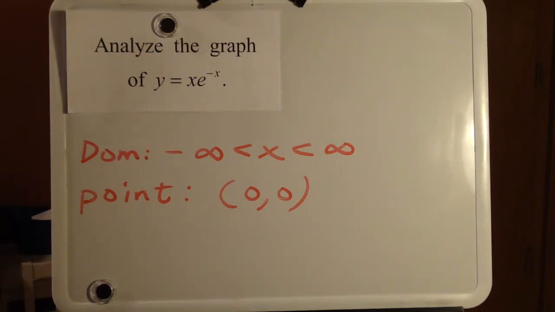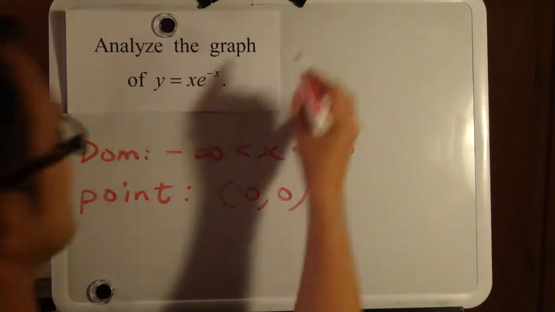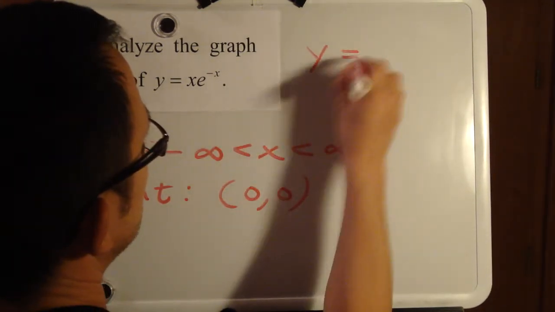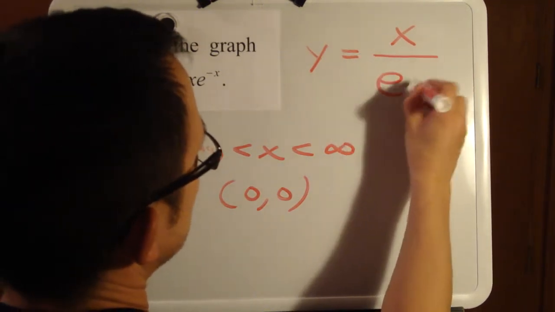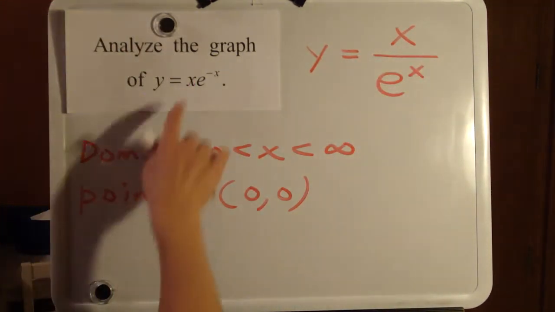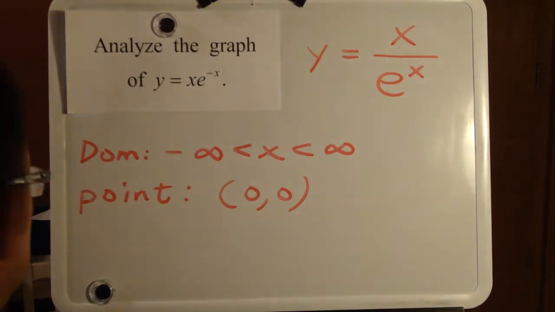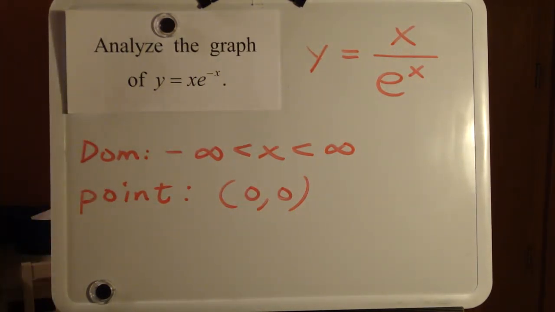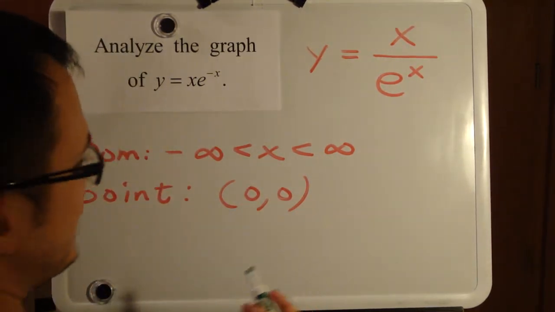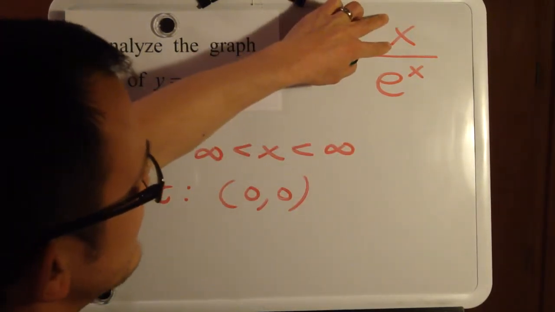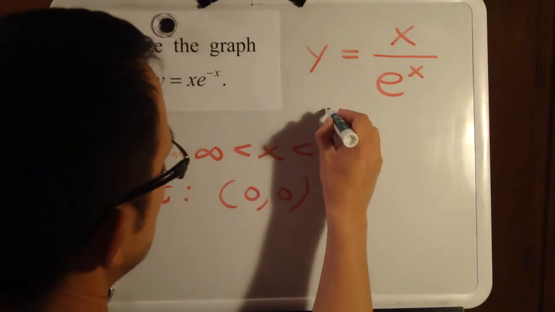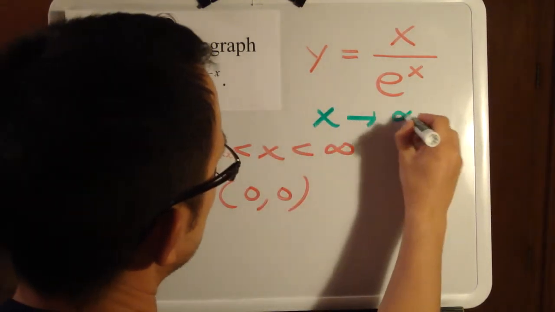And then maybe one more thing I can see just by looking at the function: you can rewrite it as y equals x over e to the x. So you can express e to the negative x this way here. You can see that the bottom function is going to grow much more rapidly in comparison to the top function, and this is the case when x goes to infinity.